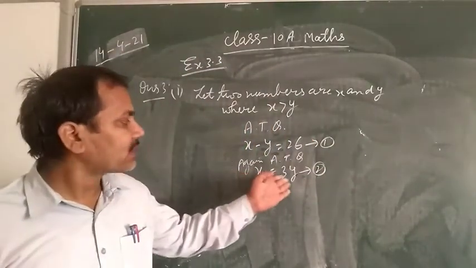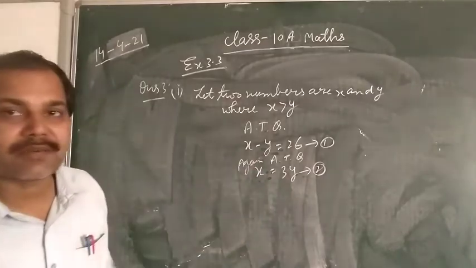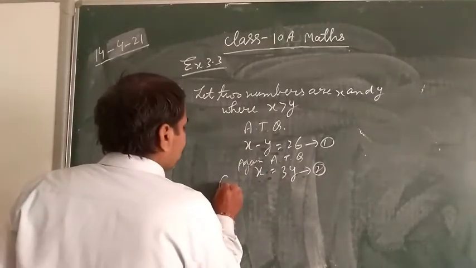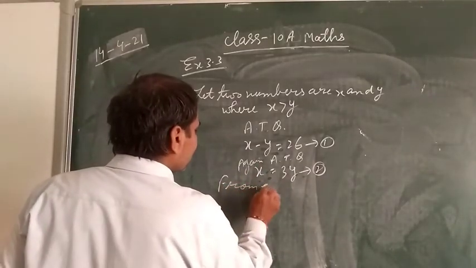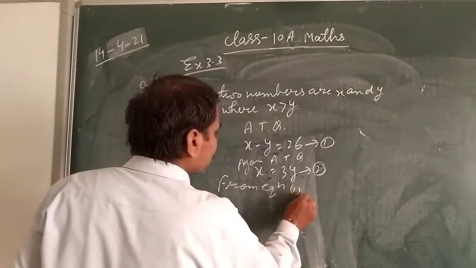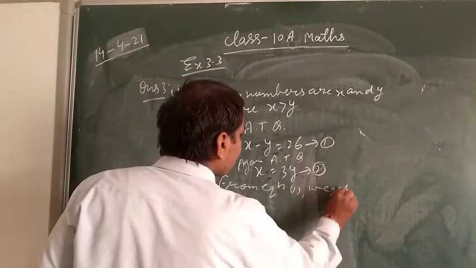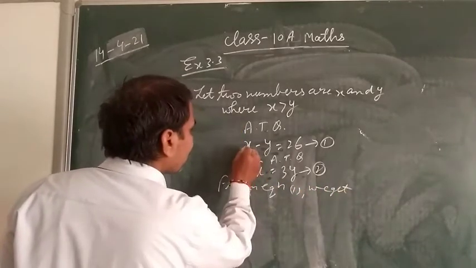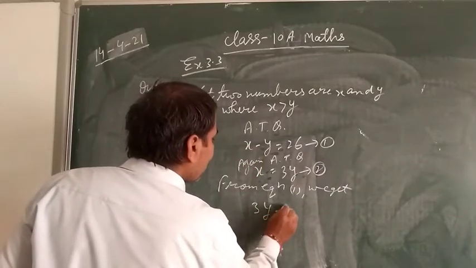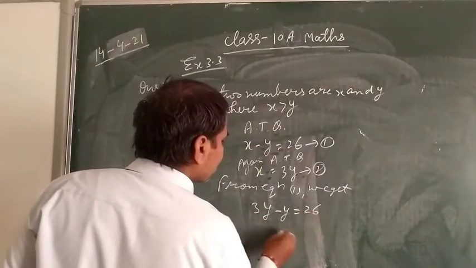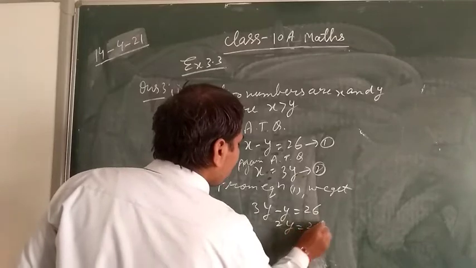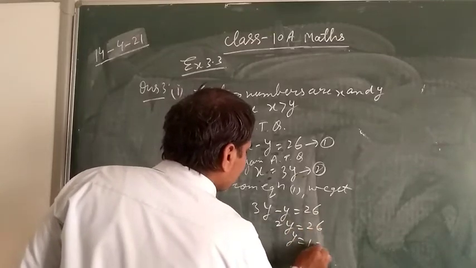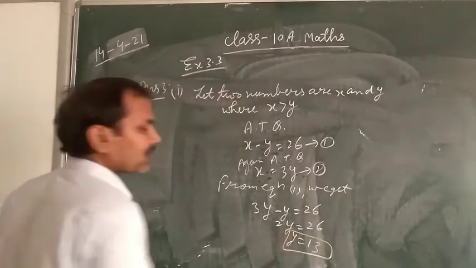So directly, x is equal to 3y, then put in equation first. So from equation 1, we get, in place of x you write 3y minus y is equal to 26. So 2y is equal to 26, so y is equal to 13. Means one number is 13.